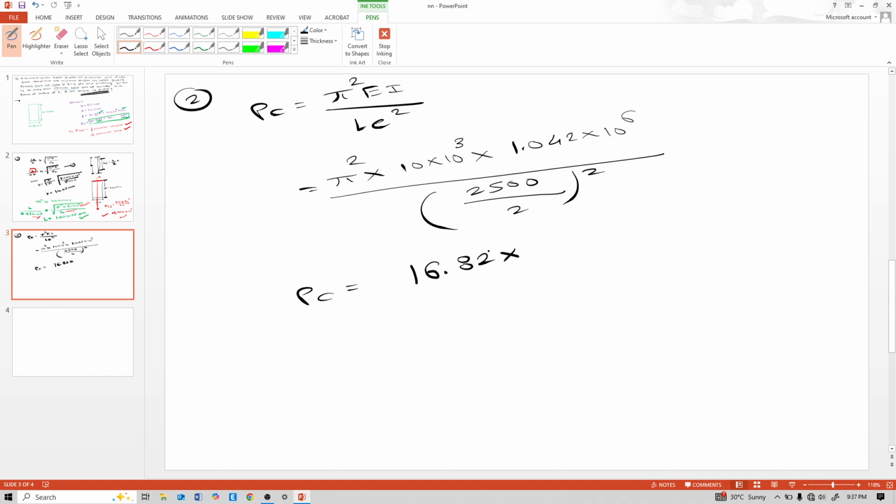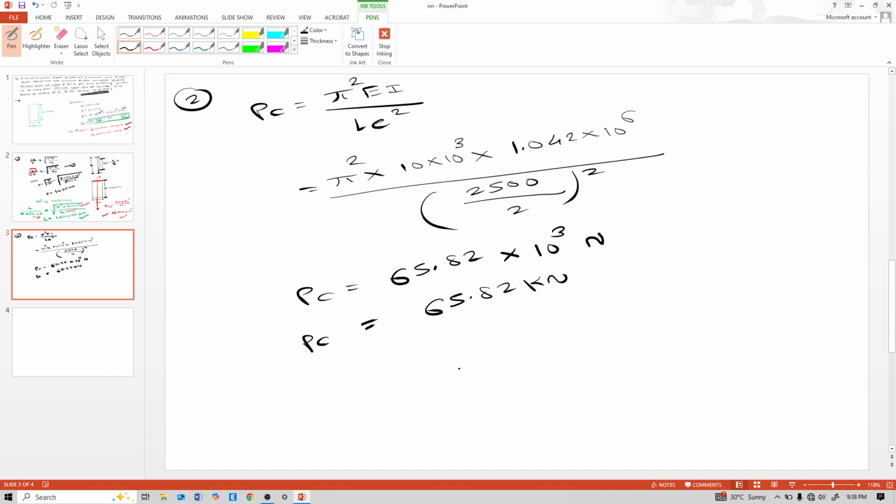See how mistakes happen, and learn from those mistakes. So it is 65.82 into 10 raised to 3 Newton, and in kilonewton it is 65.82 kilonewton. So this is the crippling load or buckling load.